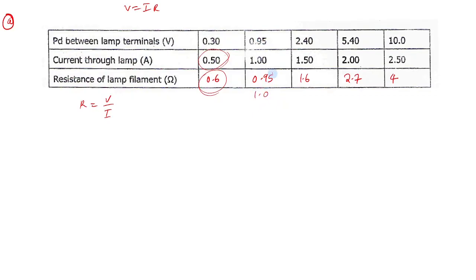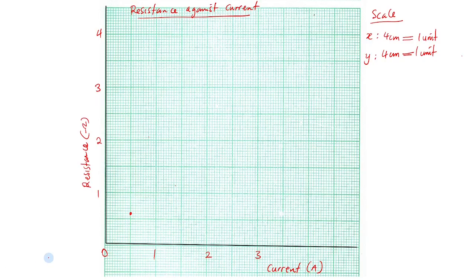I'll borrow a 1 from the 9, put it to the 0, it becomes 1. So I'll be plotting 1, 1 so that it becomes easy. So I'm plotting 1, 1 is here.